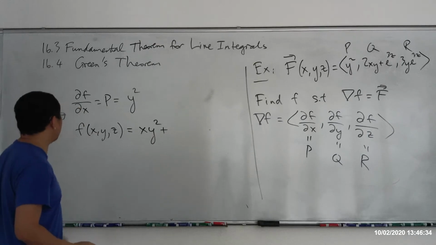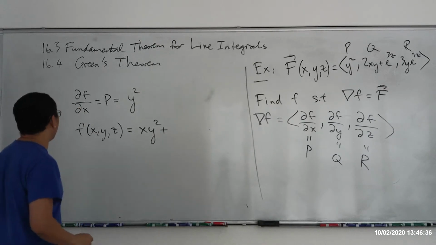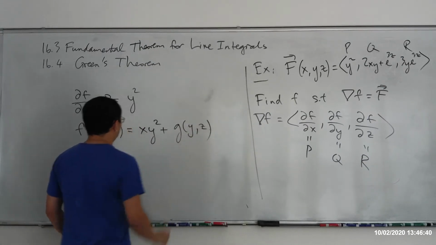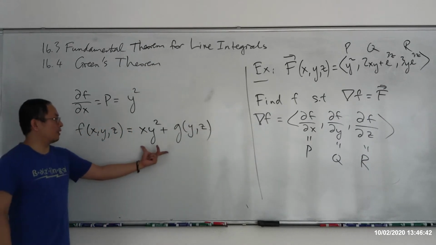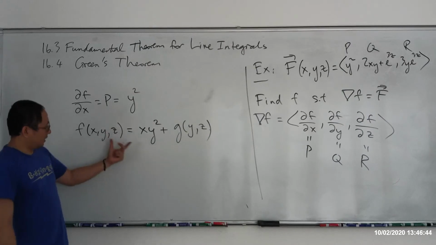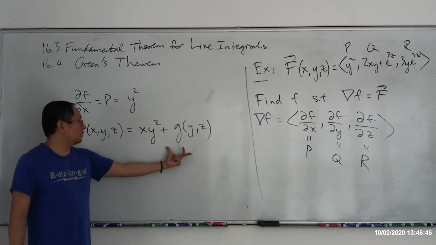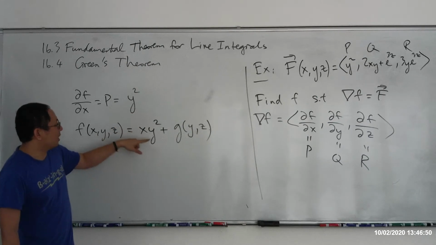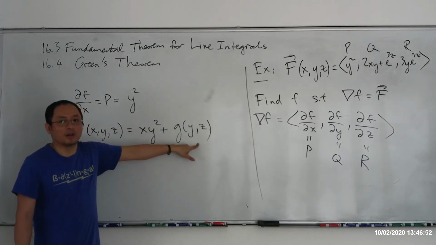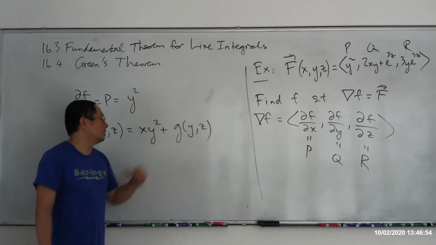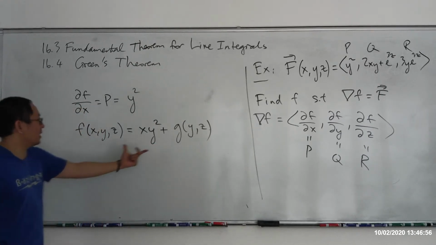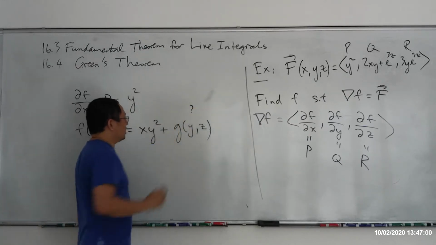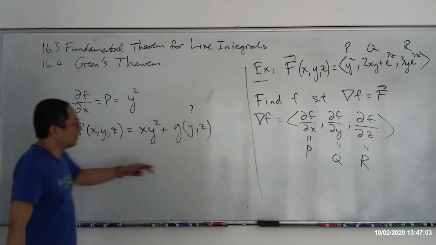A constant here means what? A function in terms of y and z. Say g of y and z. You see why? Because if this is my function f, then you differentiate it with respect to x partially, you got what? y squared, and this, you take the derivative with respect to x, this is like a constant for x, so it's 0. So f of x, y, z gotta be of this form. And now you have to look for that g right here. And I'm done with the first part.